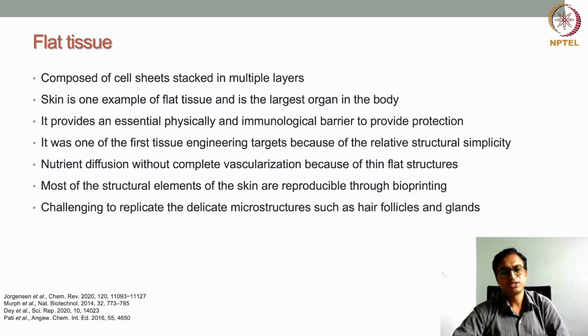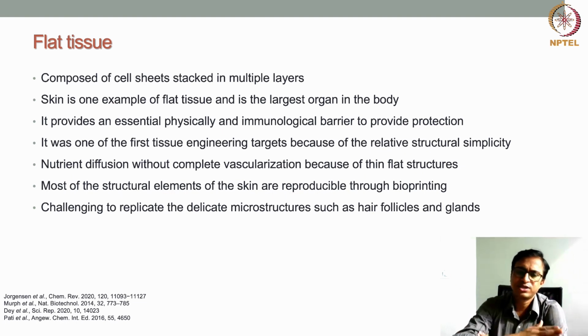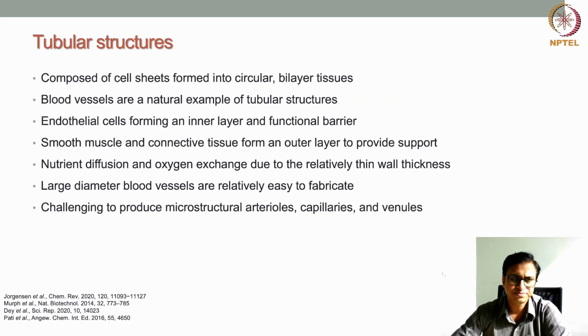So those are the current focus areas where people have been working. But mostly, a lot of research work has been done on skin tissue bioprinting, and you can go through different literature to understand more on this.